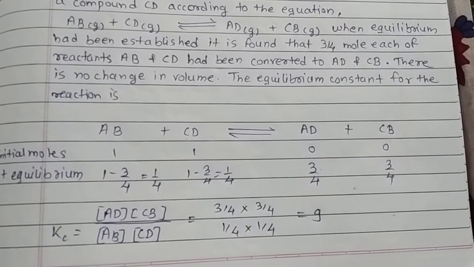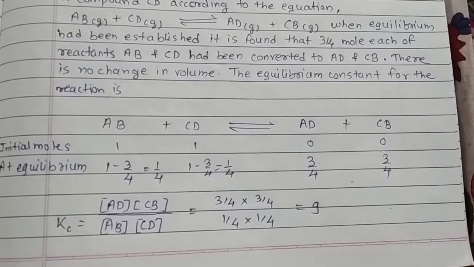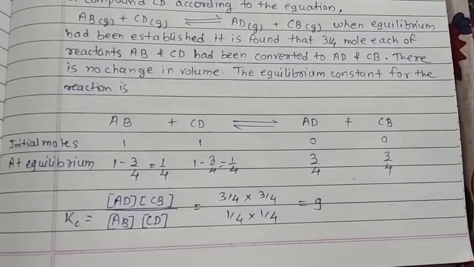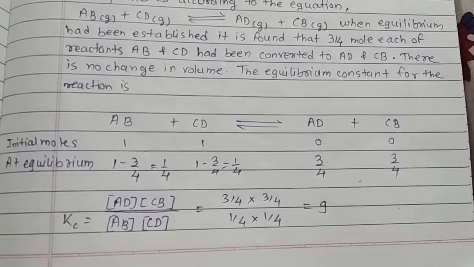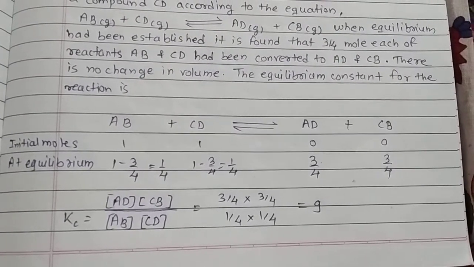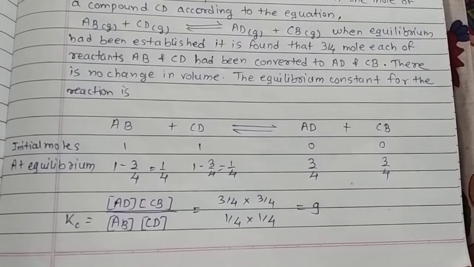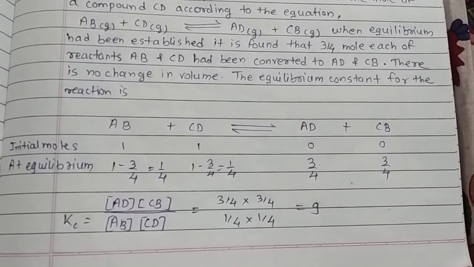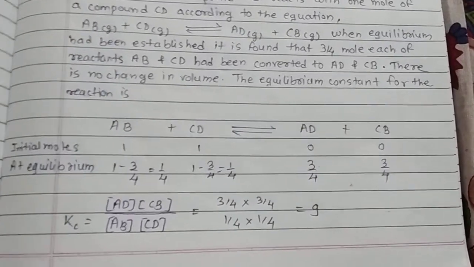So 1 minus 3 by 4 for AB is 1 by 4, for CD same 1 by 4, and for AD and CB 3 by 4. And again we'll use the formula Kc, product divided by reactant, so AD into CB divided by AB into CD is equal to 3 by 4 into 3 by 4 divided by 1 by 4 into 1 by 4, so answer comes to be 9.